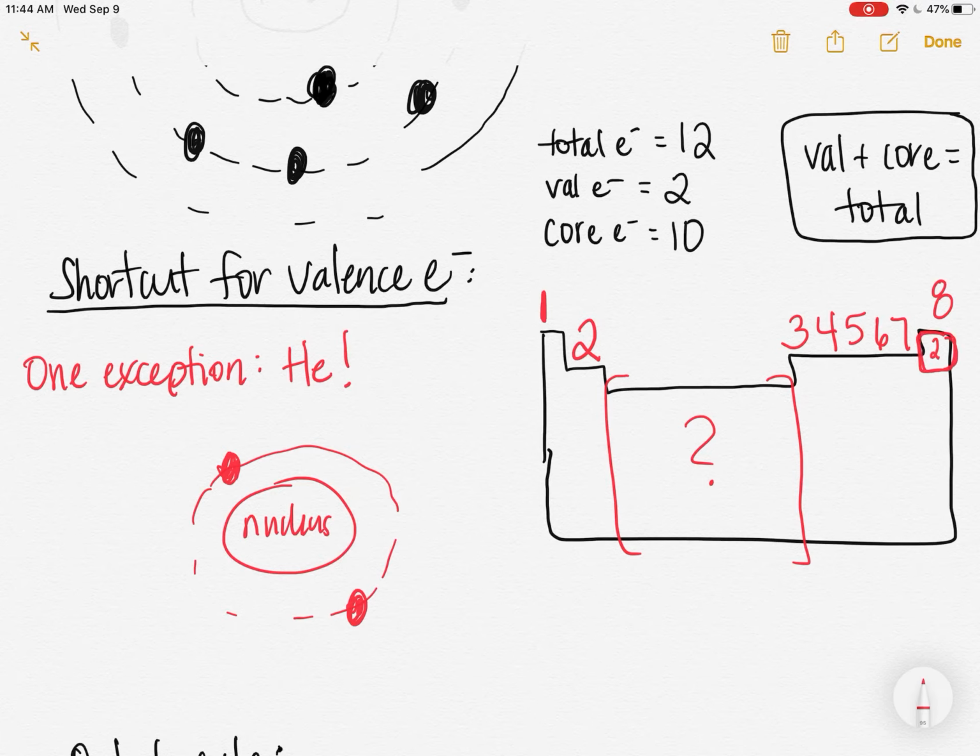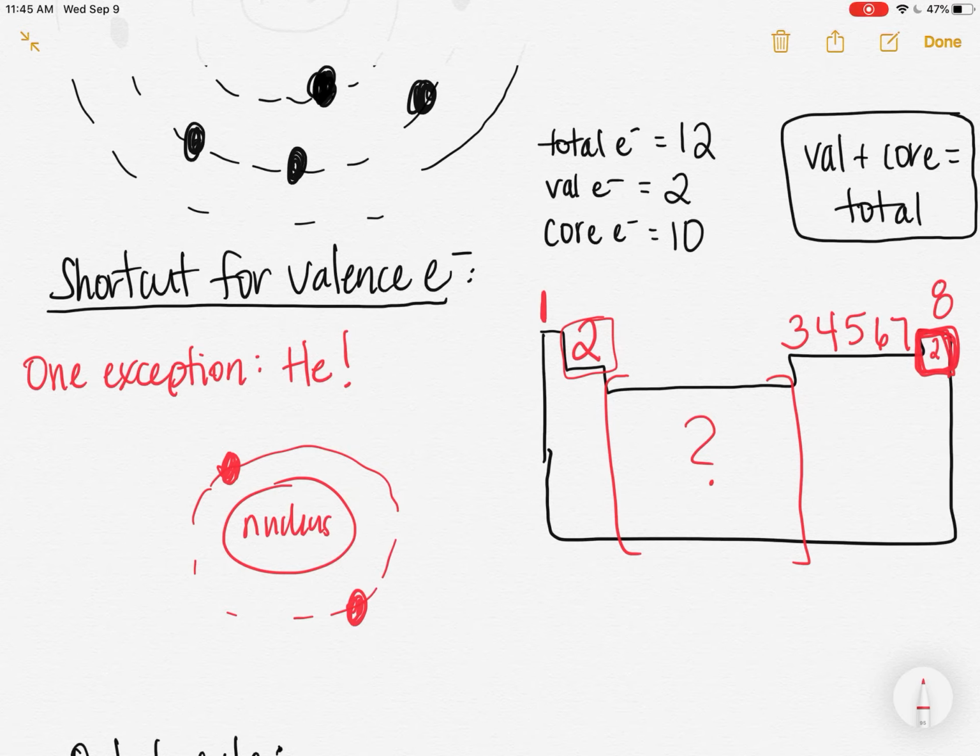He's the only one on this whole table who is the exception to this rule, okay? Because there's no way helium could have 8 valence electrons. Helium doesn't even have 8 total electrons. So helium has 2. Now, what becomes an interesting question is why then is helium placed here instead of over here? Maybe some of you know the answer, maybe some of you don't, but it's definitely a topic of discussion for us, just not in this video, okay?